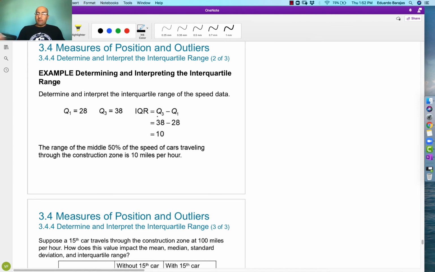If we subtract them, we get that the IQR equals 10. So the range of the middle 50% of the speeds of cars traveling through this construction zone is 10 miles per hour.